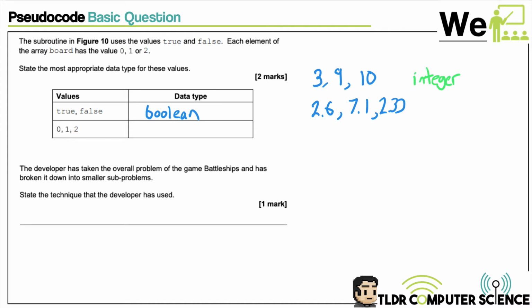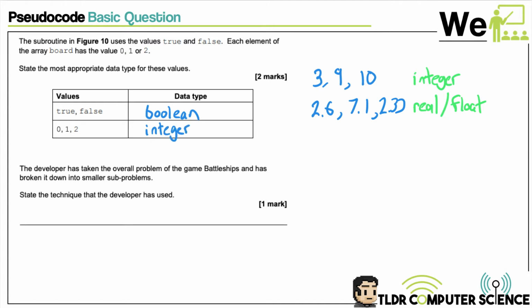If it's got a decimal place like this, well, the generic name is a real number, but also acceptable will be, for instance, the phrase float, short for floating point. See here, they're all whole numbers, so the answer would be integer.